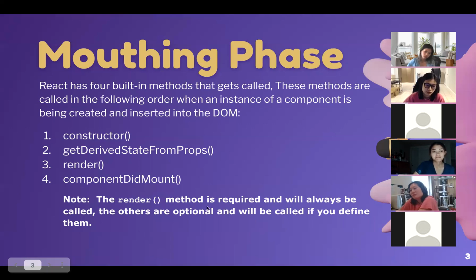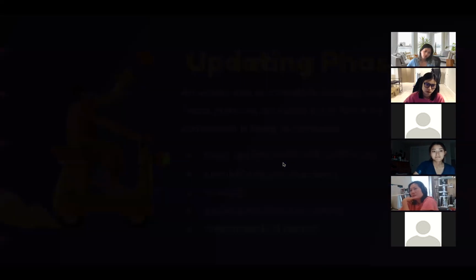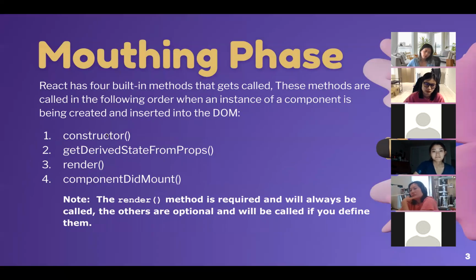So remember that the render function is a requirement. You have to have a render function in the class component. The rest are optional. You can use them or you don't need to. For example, you don't need to have a constructor in the class component. Numbers 1, 2, and 4 are optional.